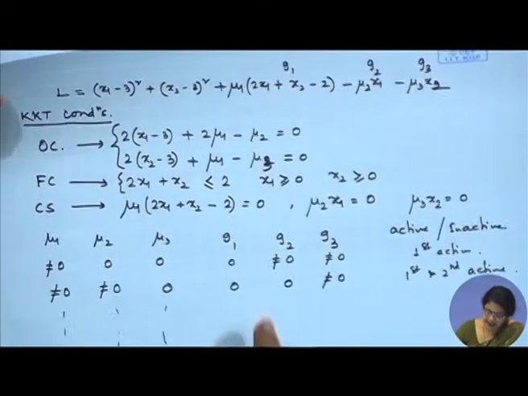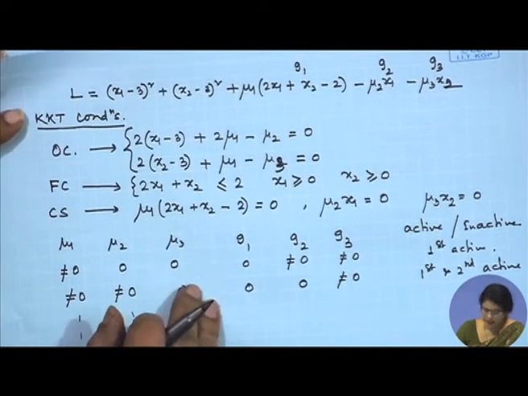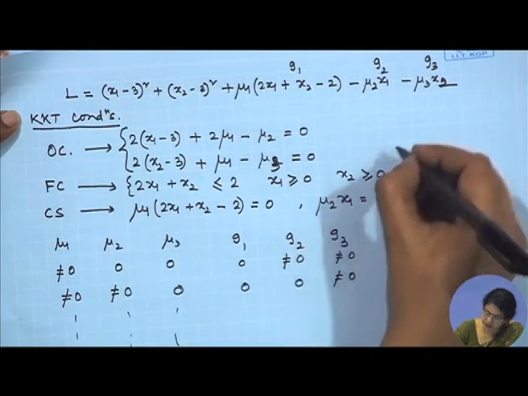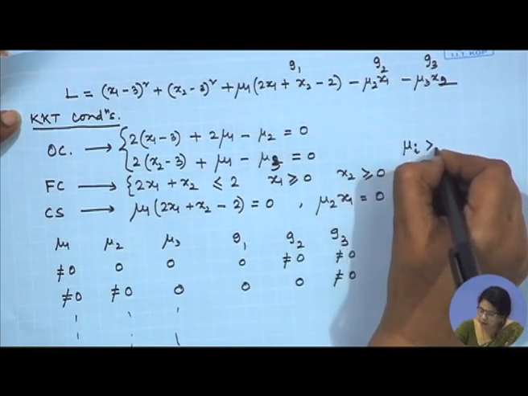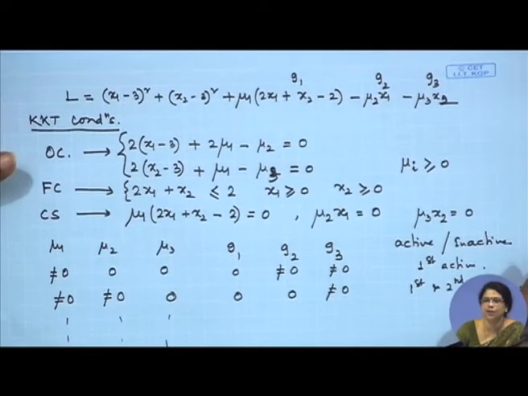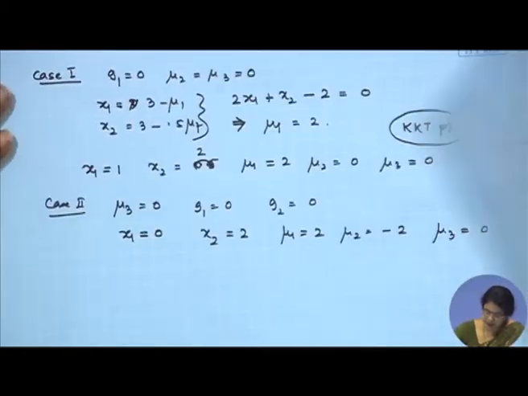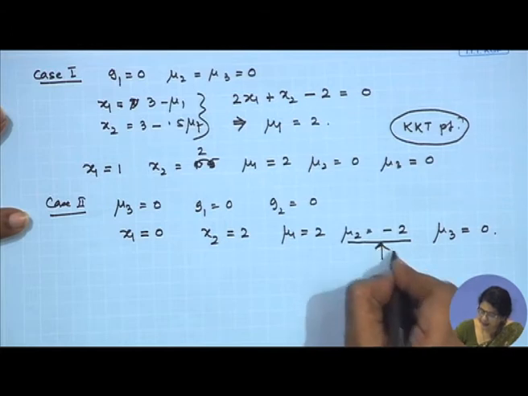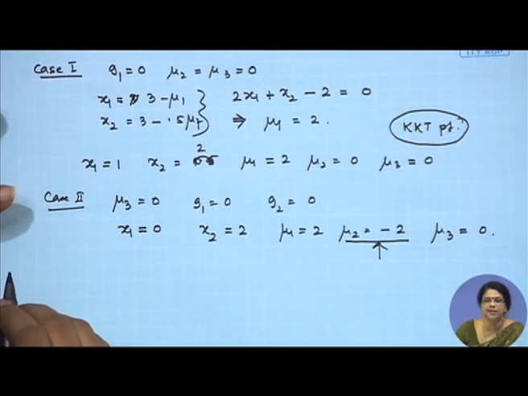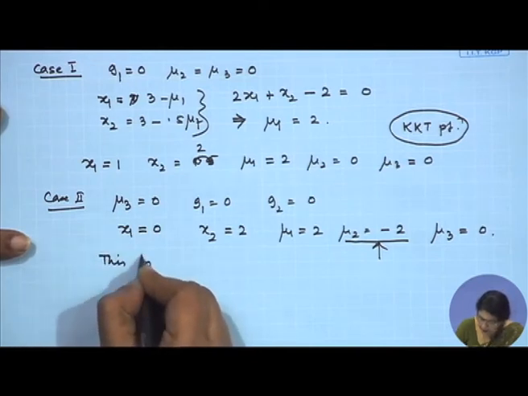Now, this is a minimization type of problem, is it not? That is why here we missed one set of conditions, that mu i must be greater than or equal to 0, alright. That is one of the KKT conditions. But you see here for the second case we are getting mu2 negative. That is why KKT conditions are not being satisfied, and this is not a KKT point.